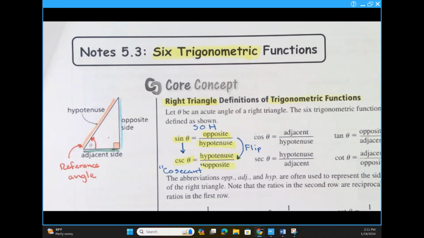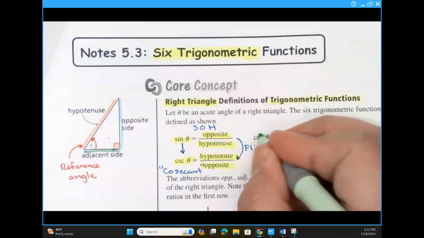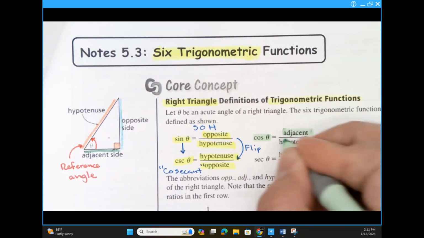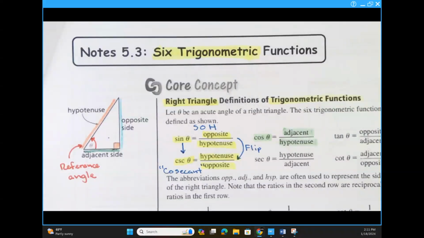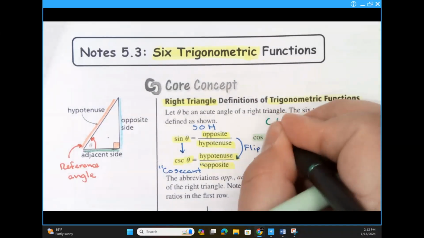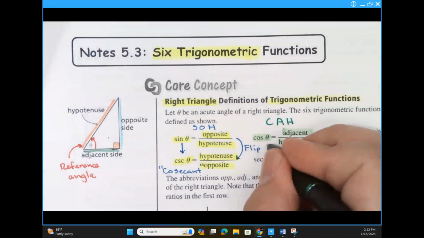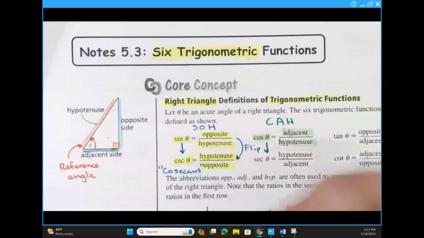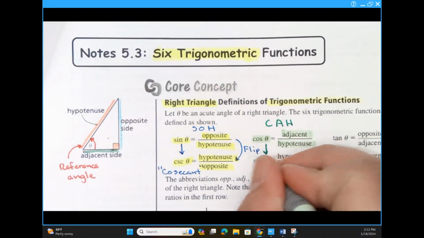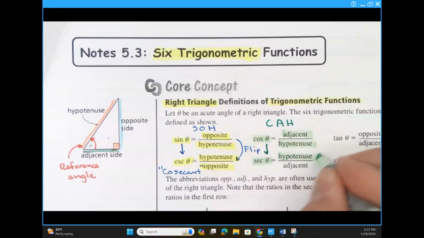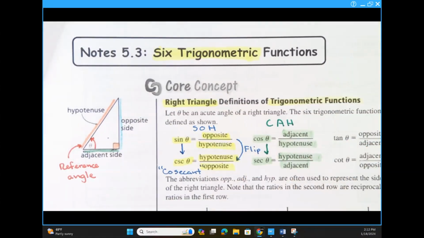Same thing goes with cosine. We already know that when we're dealing with cosine, that's adjacent over hypotenuse. It's the same rule that we learned before. We say CAH when we were writing down the name SOHCAHTOA, but now directly linked with cosine is this brand new trig function that has the initials SEC.